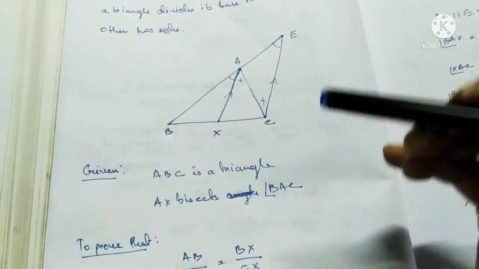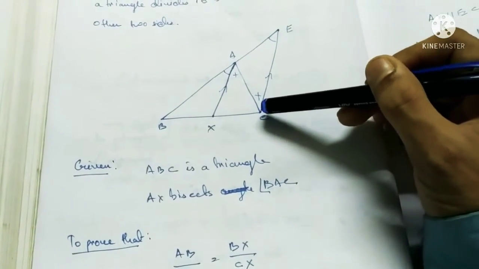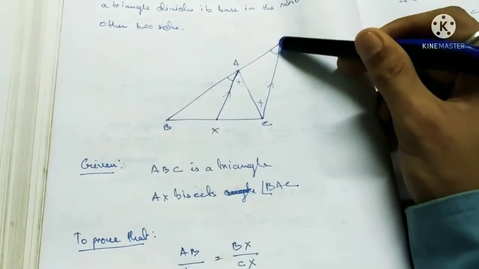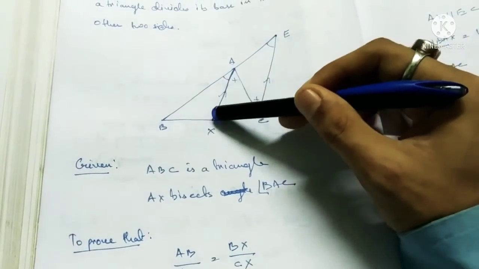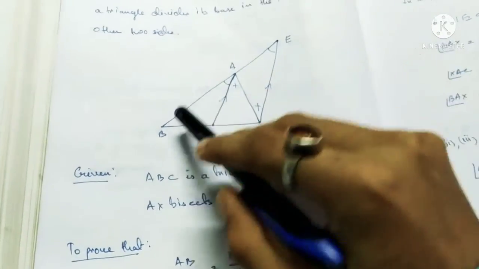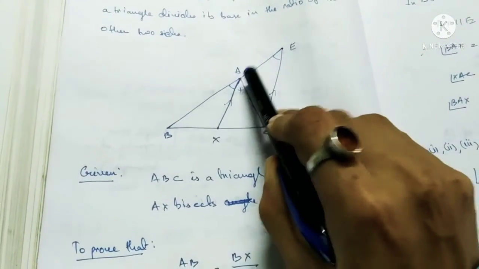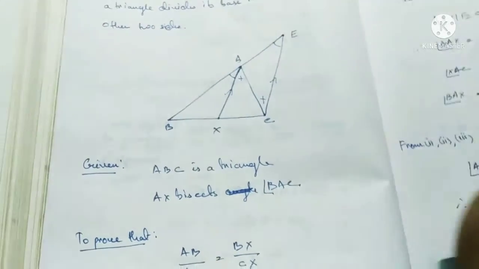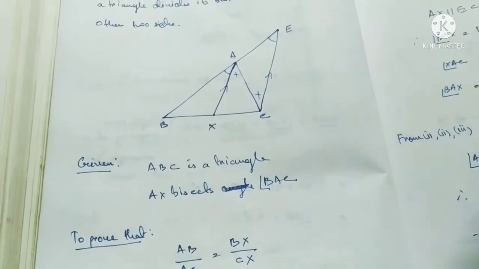Construction, what I have to do? Through C a line is drawn parallel to AX, which intersects BA produced at E.